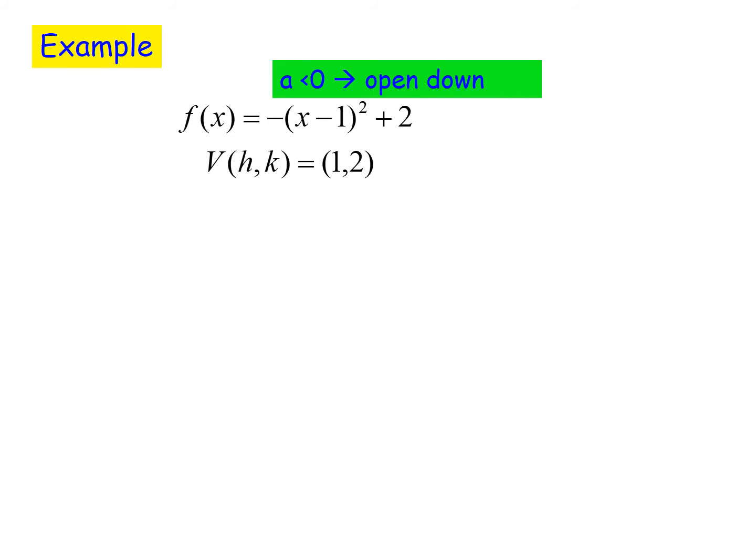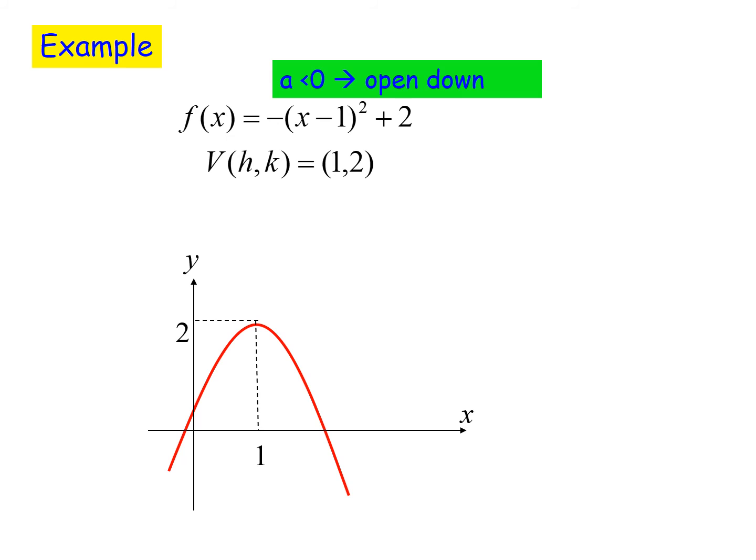So the vertex (h, k) is (1, 2). And then we draw a sour graph with vertex (1, 2). So the graph is represented like this.